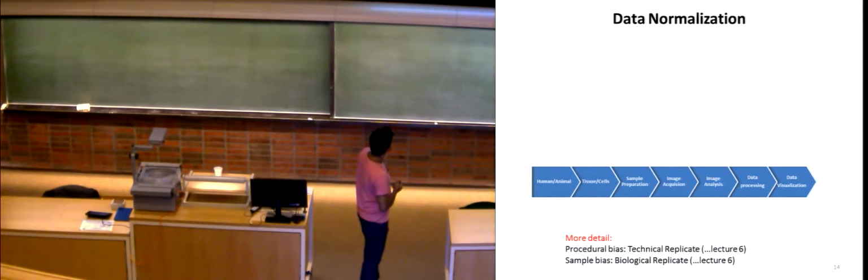Let's look at data normalization now. First, in order to understand data normalization, let's understand why it is important, especially in a biological experiment, right? So typically this would be a protocol of any experiment.